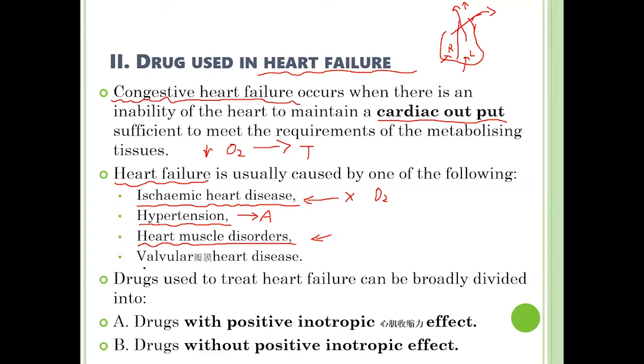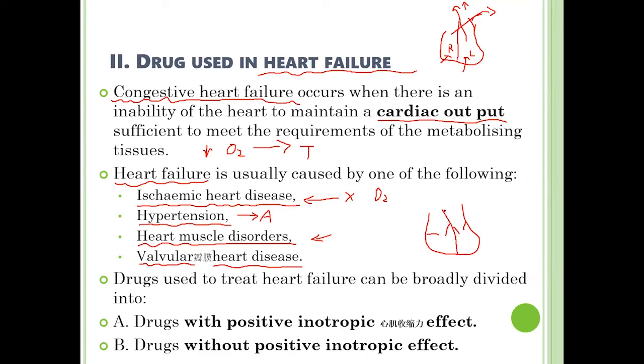And also other issues. Valves inside the heart can cause problems. Generally speaking, looking at the anatomy of the heart, we have 4 chambers and we have 4 valves to separate the chambers.